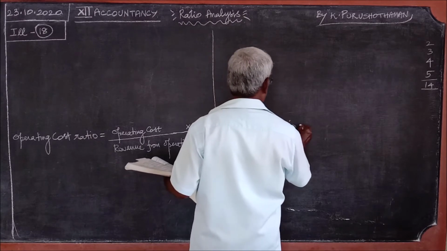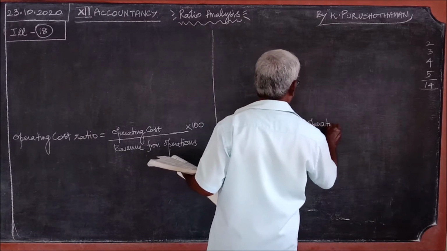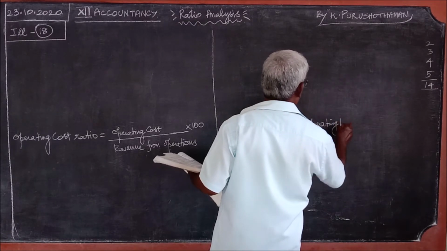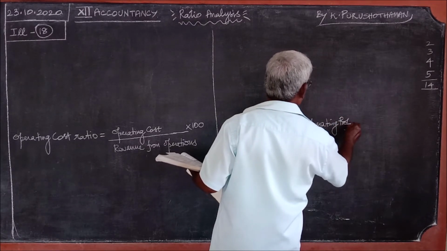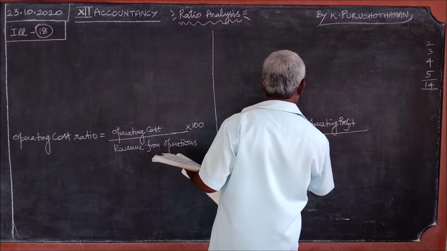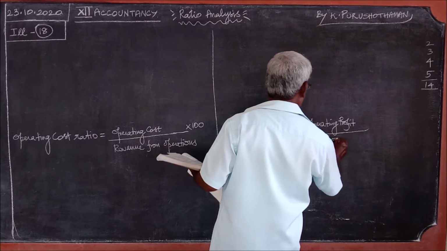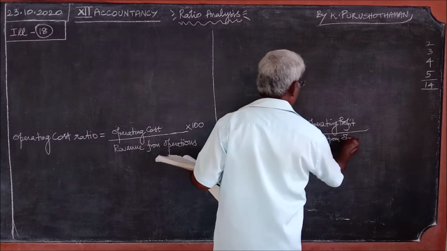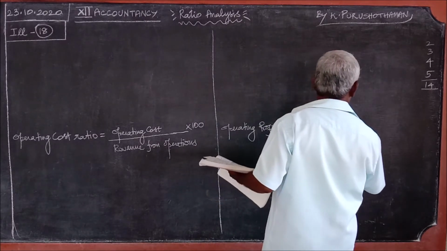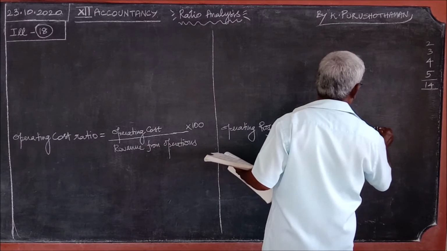Operating profit ratio is equal to operating profit by revenue from operations into 100.